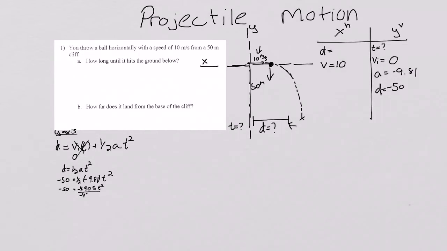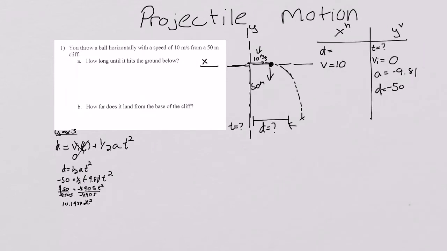So divide this by negative 4.905. Plug this into your calculator, and you will receive the number 10.1937. You may want to just round that to 10.2. So there you go, and it is positive because these two negatives cancel each other out, and this equals t squared.